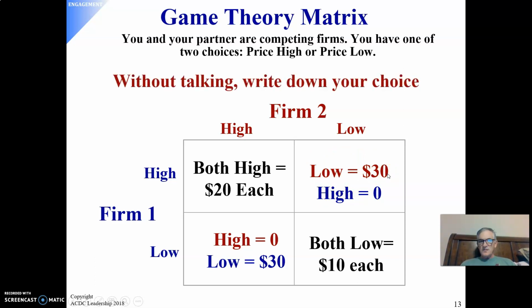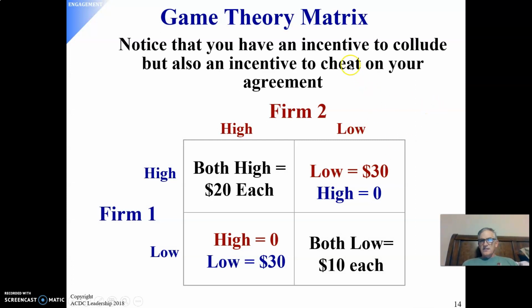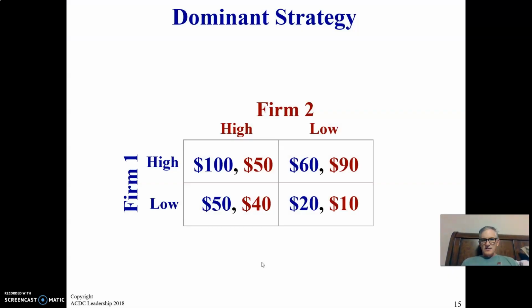So, just like I said before, notice that there is an incentive for you guys to collude and choose $20 each. But once you made that decision and then found out, oh, I could change my mind and now price low and make more profit, there's also an incentive to cheat on that specific agreement.